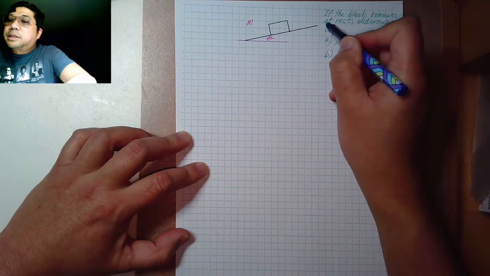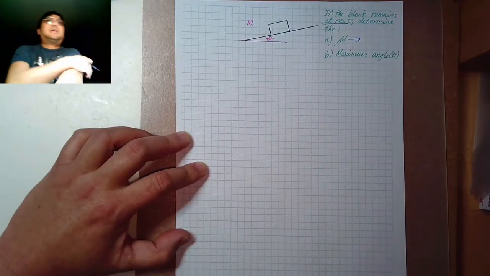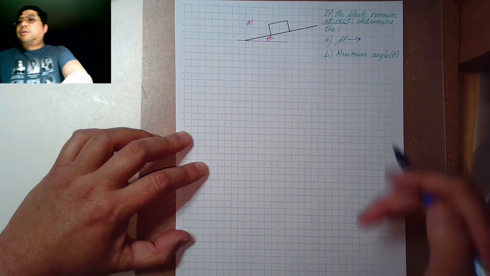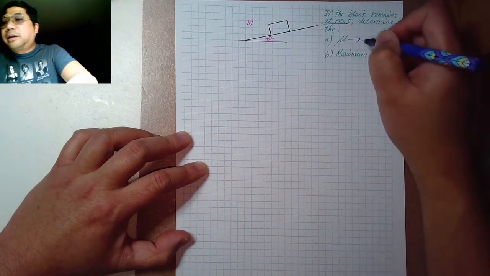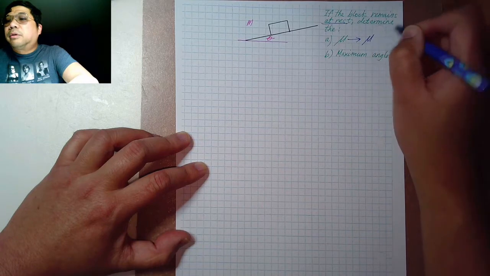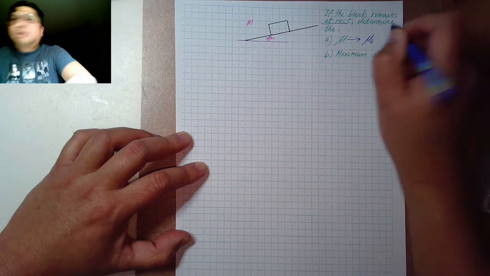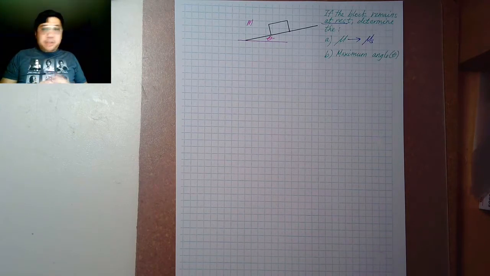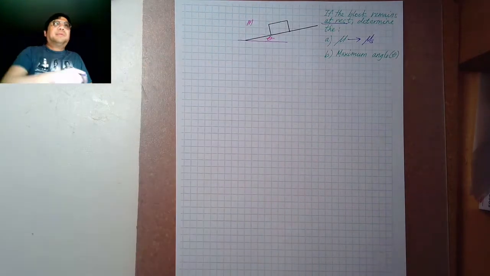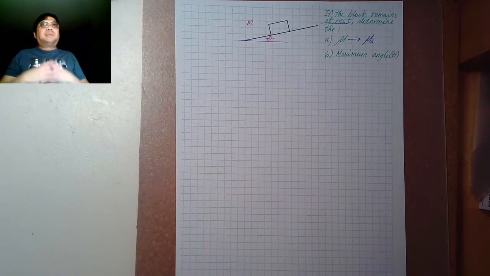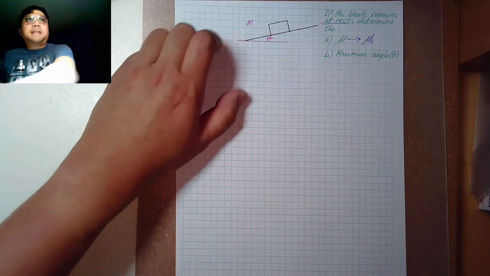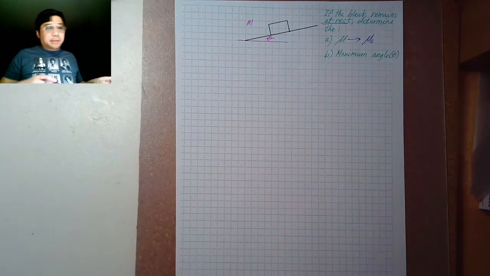Since the problem stated that the block remains at rest, it's called static, so to be exact, we're trying to figure out the coefficient of static friction, and at the same time, the maximum angle. How would you know the maximum angle before this block will start to move, depending on your mass?